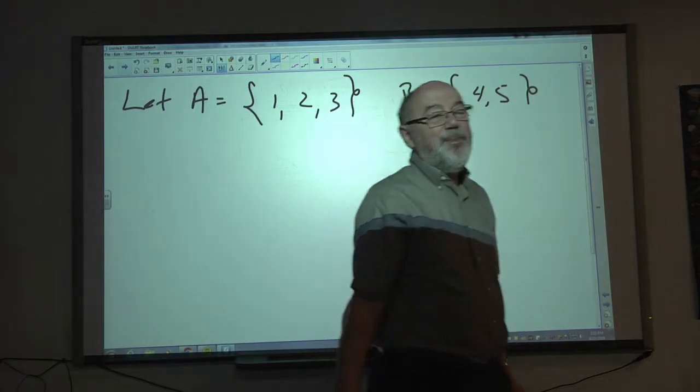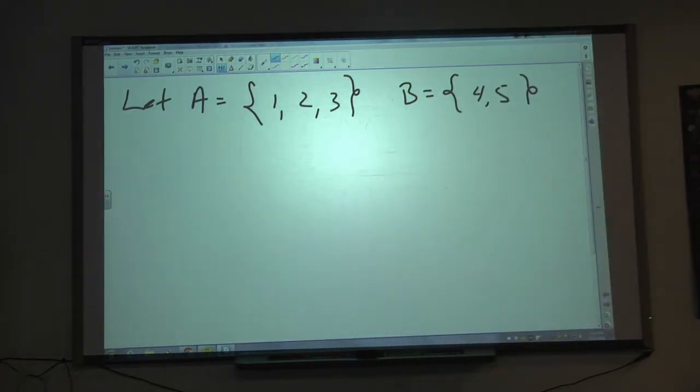So I got 2 sets, A and B. A has the elements 1, 2, 3. B has the elements 4, 5.